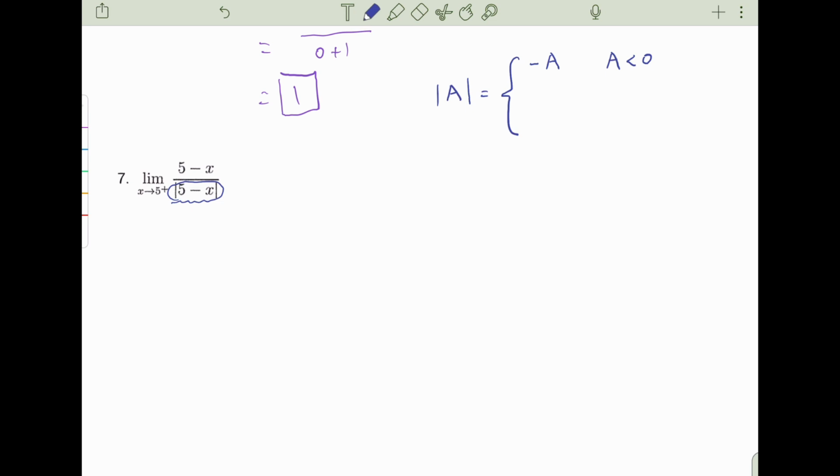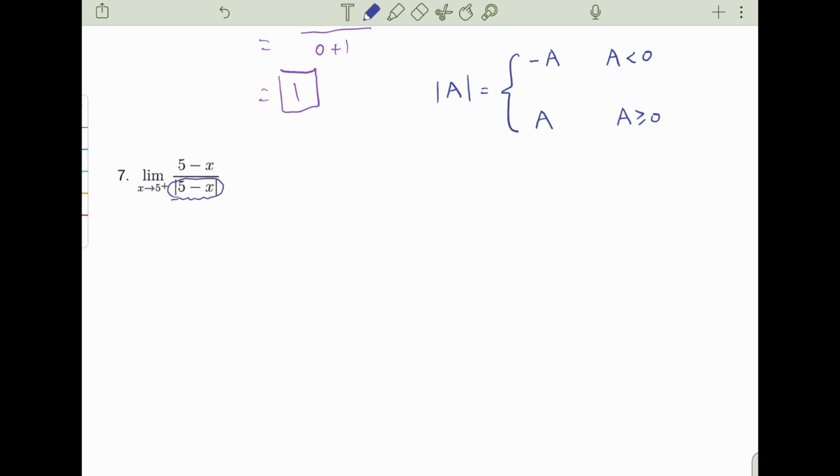Otherwise, suppose the inside was originally positive or non-negative, then I can just remove the bars with no cost. So just remove the bars, right? So I'm talking about the stuff that was originally inside the absolute value. We need to consider the original sign of that stuff in order to do some adjustment when we remove the absolute value.